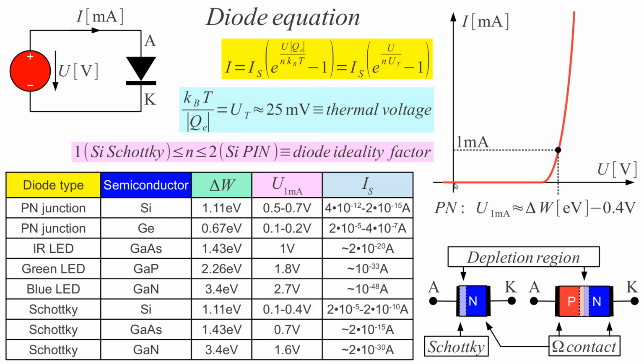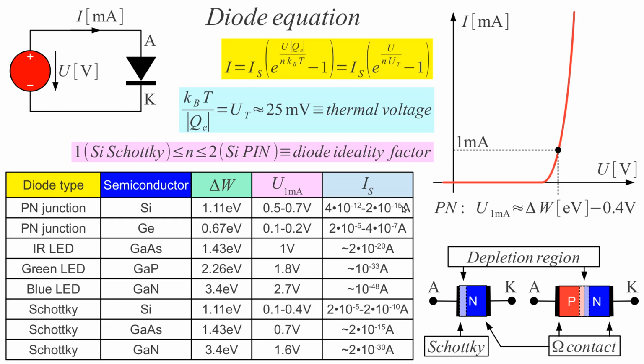So what is the behavior of our p-n junctions if made from silicon, many years ago from germanium, for optoelectronic devices from III-V semiconductors? Well, the band gap differs, and also IS also differs in a very wide range here. Handling this IS is quite tricky because handling such low values is very difficult.